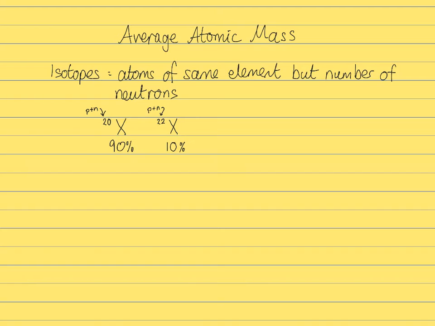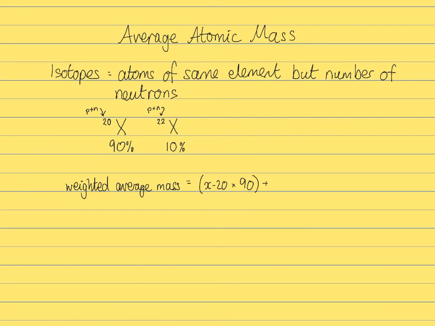So in order to do a weighted average mass, what we're going to have to do is take the mass of element X and multiply it by how much we have, which is 90.